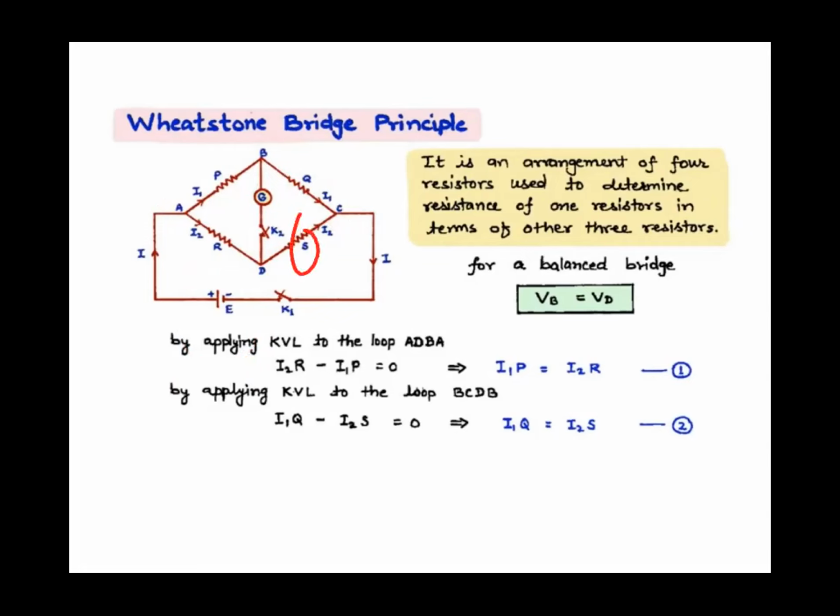Suppose we want to find this S resistance. What we will do is the resistance R is so adjusted that there is no deflection in the galvanometer. Means suppose we want to find the value of S, so we are going to adjust the value of R. R is a variable resistance.